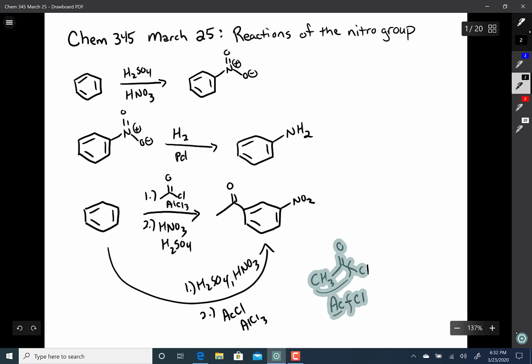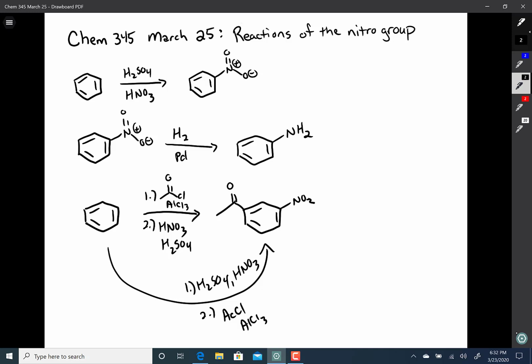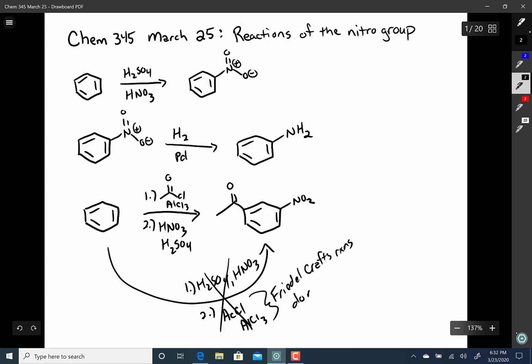Although it looks good on paper that the two are interchangeable because they're both meta-directors, turns out the second case won't work because this is a Friedel-Crafts reaction. And Friedel-Crafts reactions do not work on strongly deactivated rings.